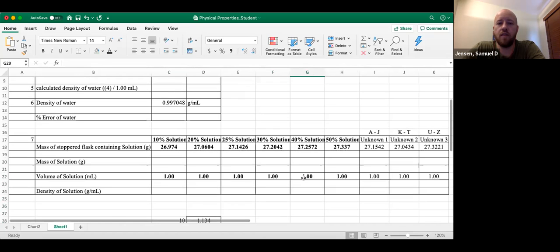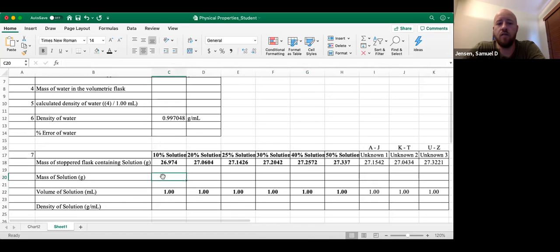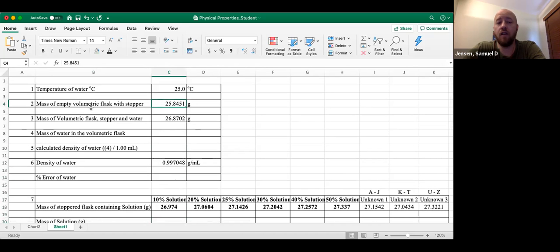What do we write in the second row? Well, you're talking about the mass of the solution. The first row is the mass of the flask containing the solution, so that's the glassware plus the liquid. This is just the liquid. So I would want to get rid of the glassware, and you have the mass of the empty flask with stopper up here.